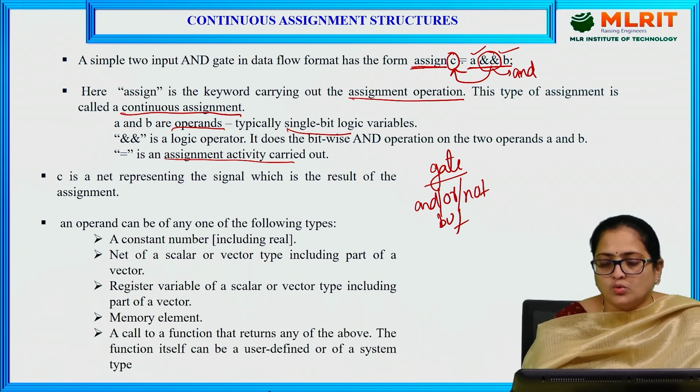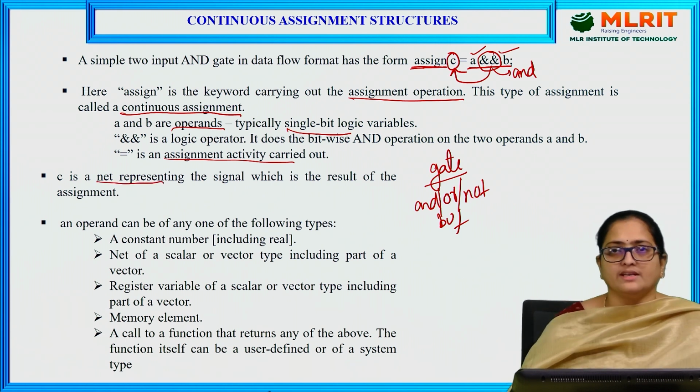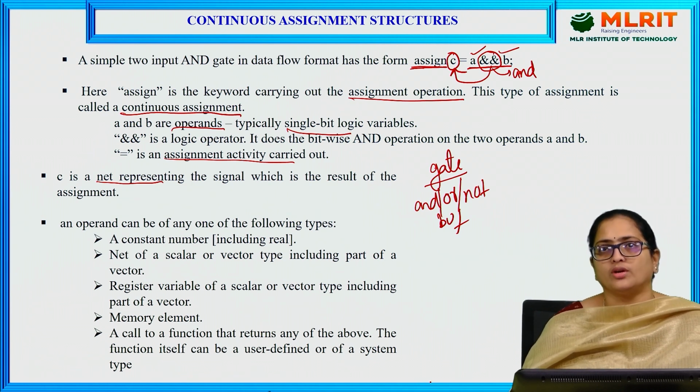This equals sign performs the transfer of data from A and B to C, where C is a net representing a signal which is the result of the assignment. C is also a net type variable.